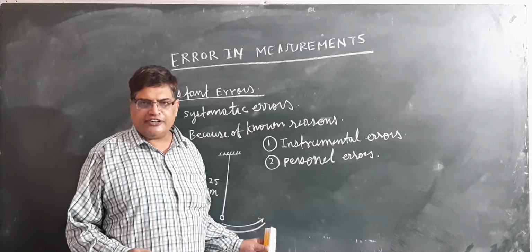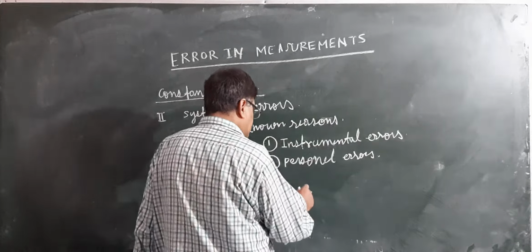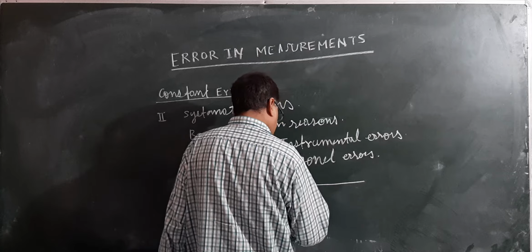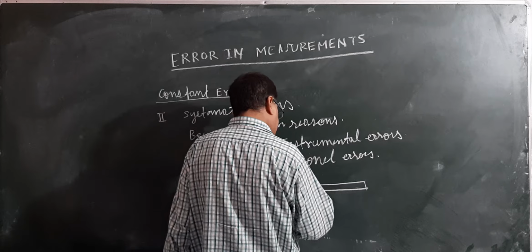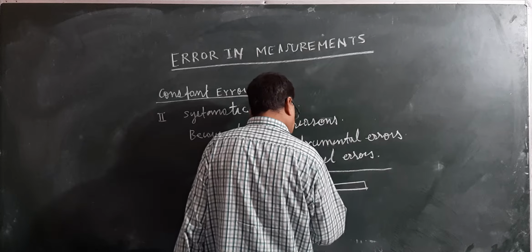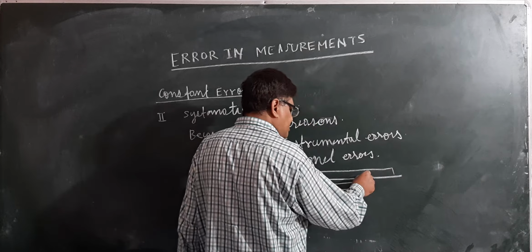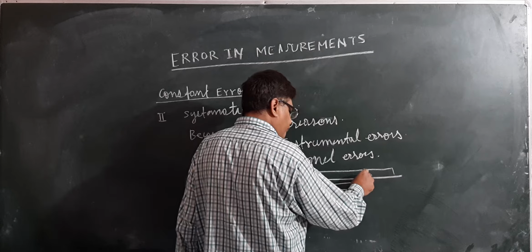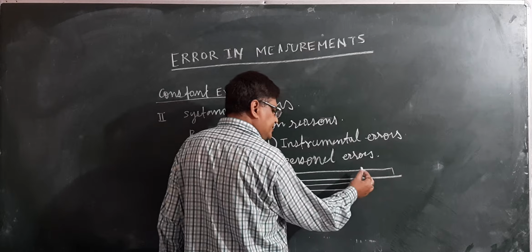Suppose you are trying to measure the length of a desk. Suppose this is the desk and here is the scale. You are getting a marking over here. We have to look from the perpendicular to the scale.